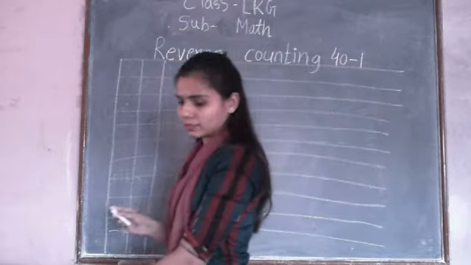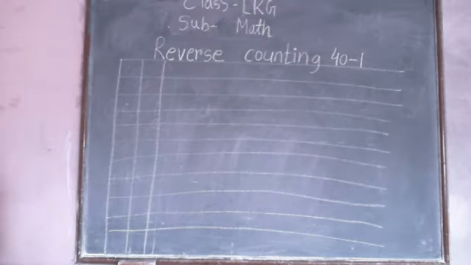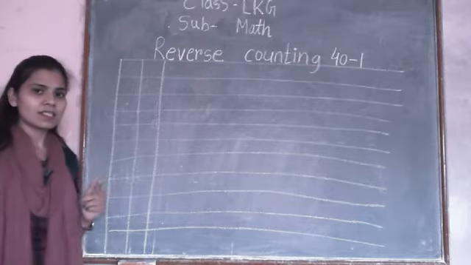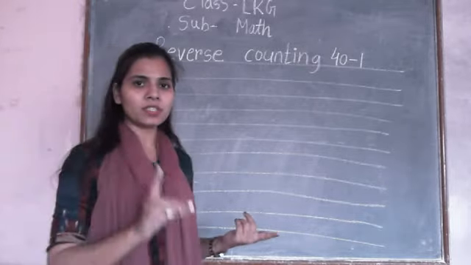Write down the heading 40 to 1 reverse counting. Now let us start from 40 to number 1.